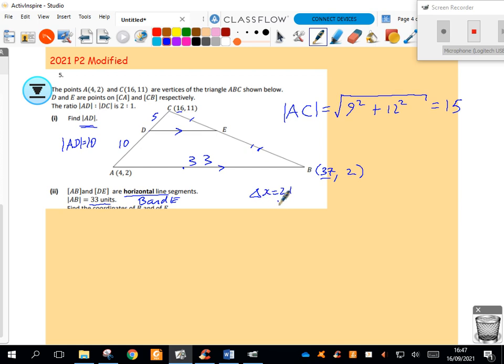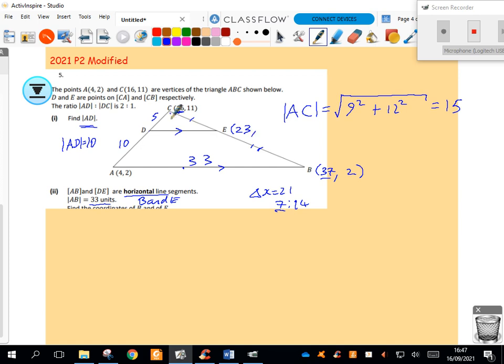So breaking 21 in the ratio 1:2, that's going to be 7 and 14. So the change in x is 7 across here and then 14. So we can work out the x coordinate starting at 16. A horizontal change of 7 will take me to 23.